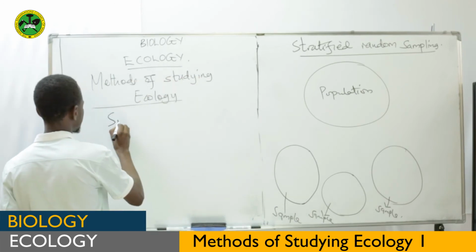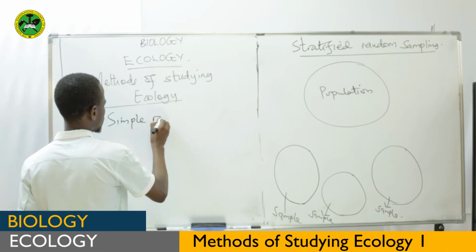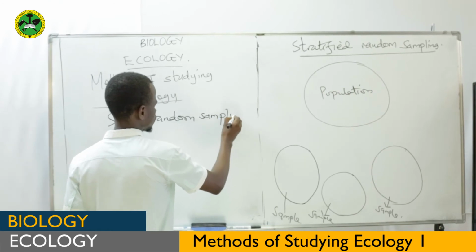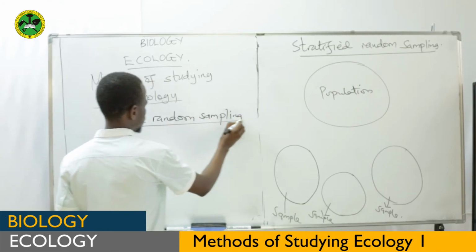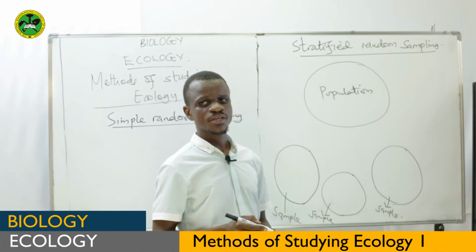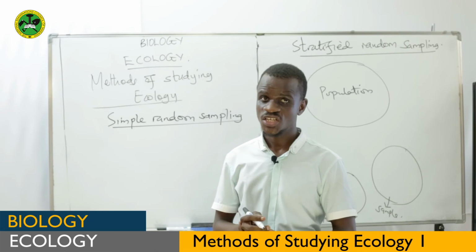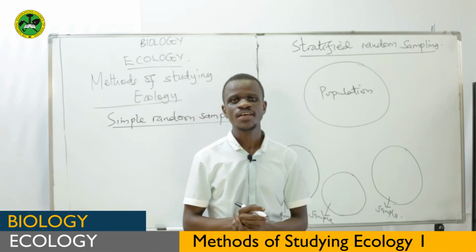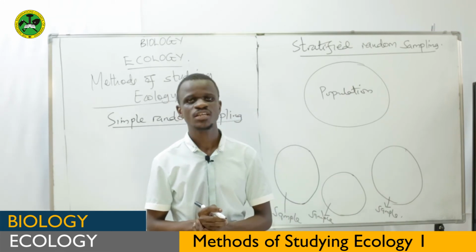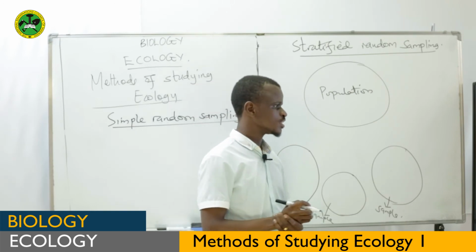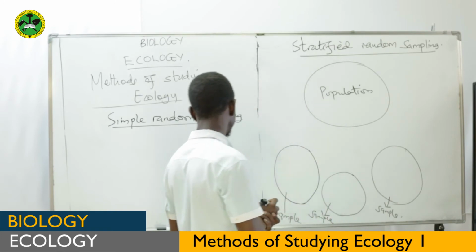Let us start with simple random sampling. As I said in question number 1, in simple random sampling, the sample is selected randomly. Therefore, every individual in a population has an equal chance of being selected. Together, my student? Now, what are the advantages of using simple random sampling?